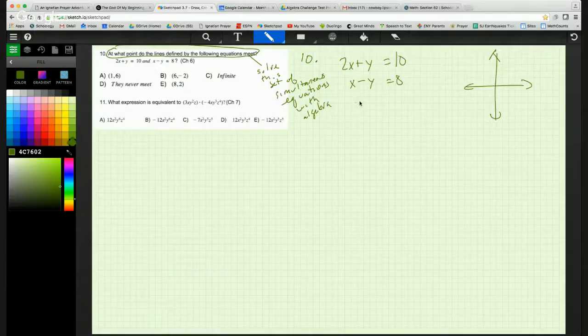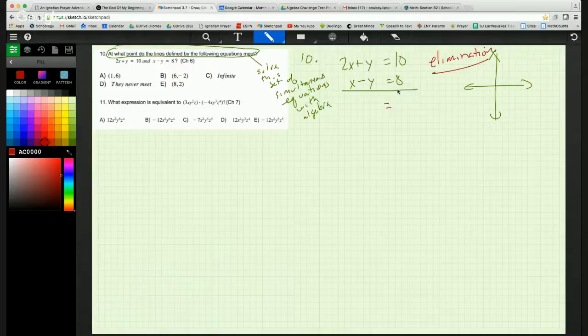So let's solve this equation, and I'm going to do it by elimination, because this problem is totally set up to do it. I can just add these down, and I can eliminate my y's, right?